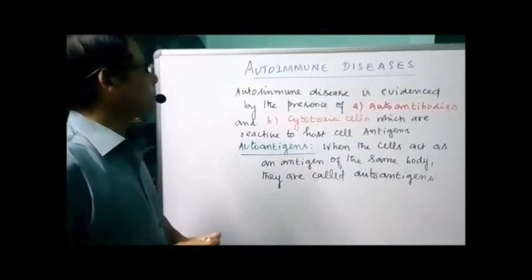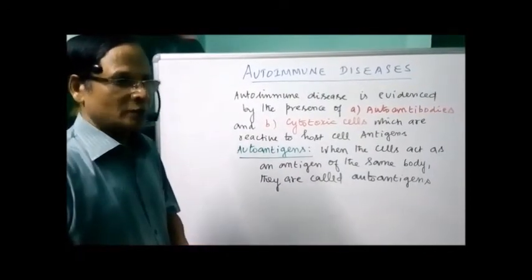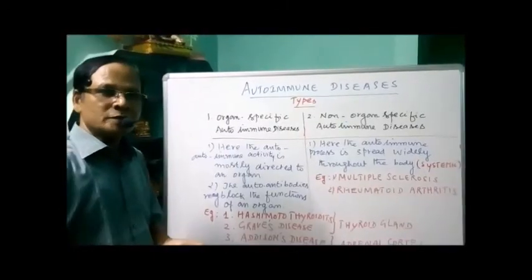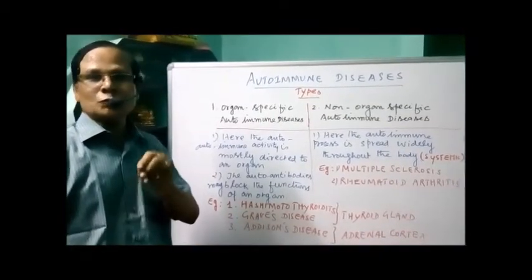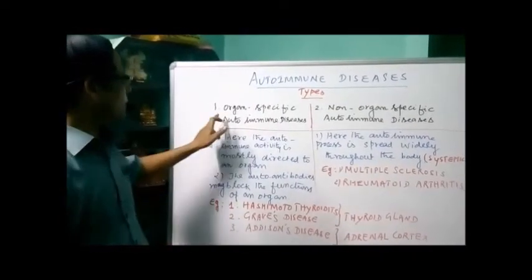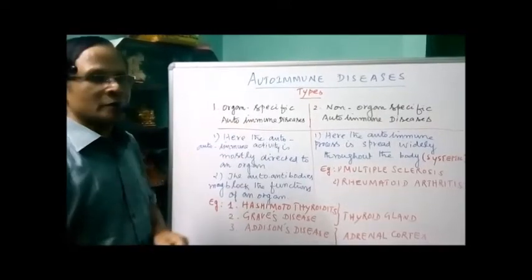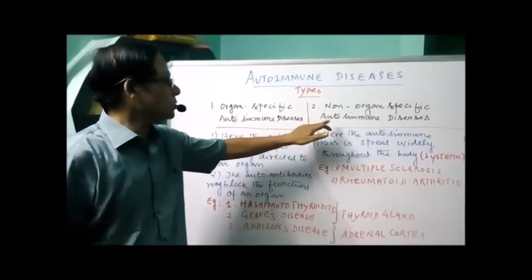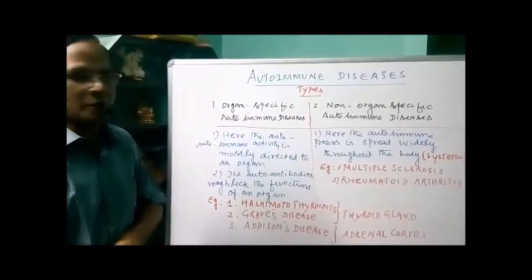Now, what are the types of autoimmune diseases? We will now see. Autoimmune diseases are broadly classified in two categories. Number one, organ-specific autoimmune disease. And number two, non-organ-specific autoimmune disease.